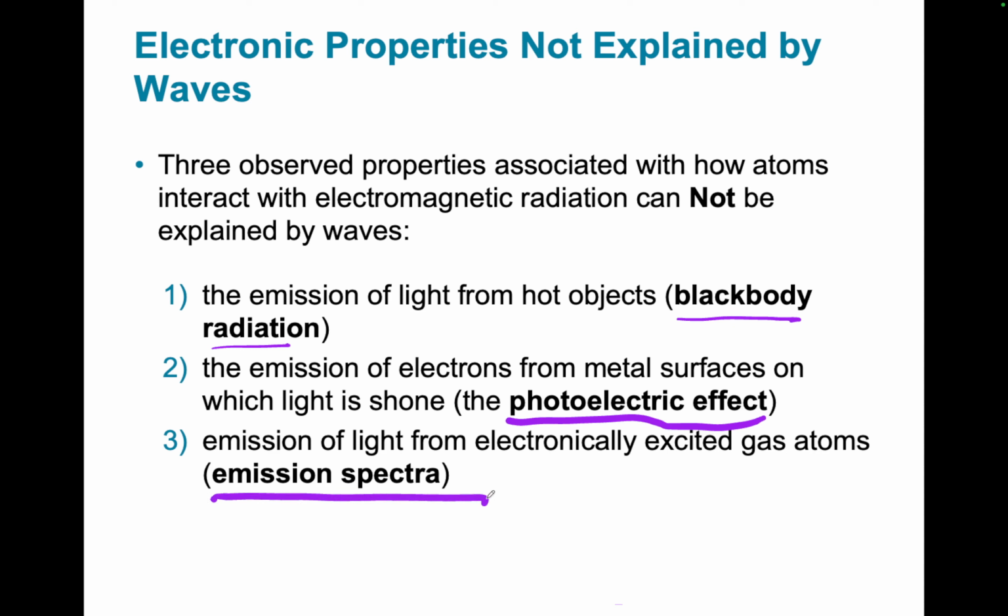Emission spectra is what I showed you in class with that Tesla coil, where we ran electricity through the gases, and they all showed up as different colors of light. Waves don't explain that either, because there's no electromagnetic radiation coming from the gas atom, right? So it has to come from somewhere. Where is it coming from? It doesn't explain that either.